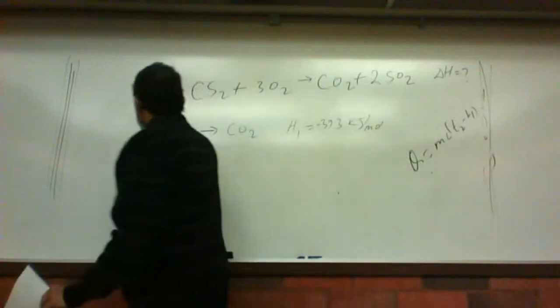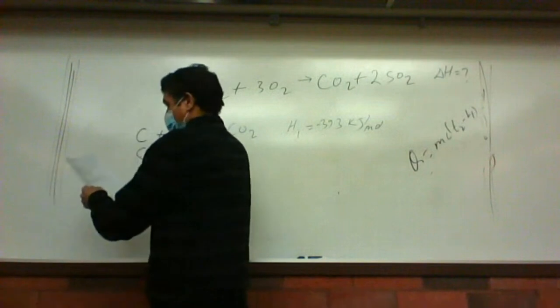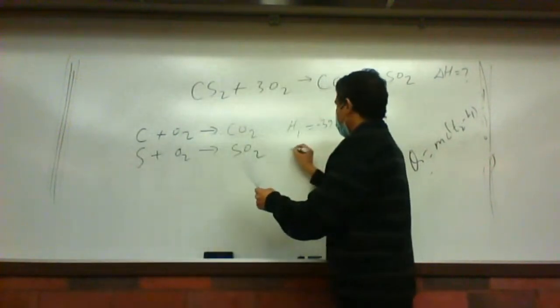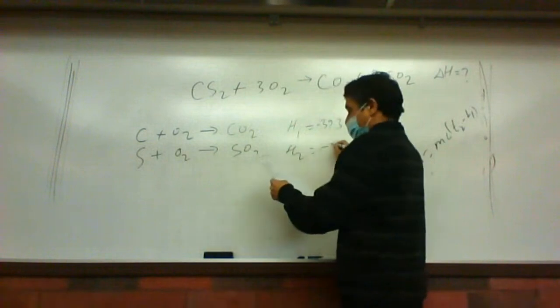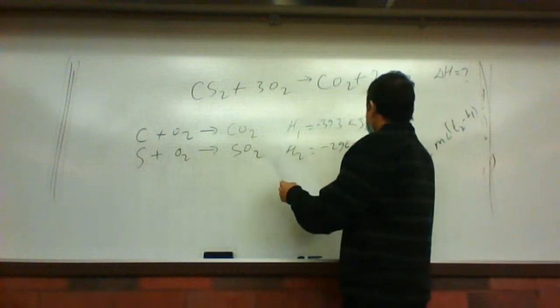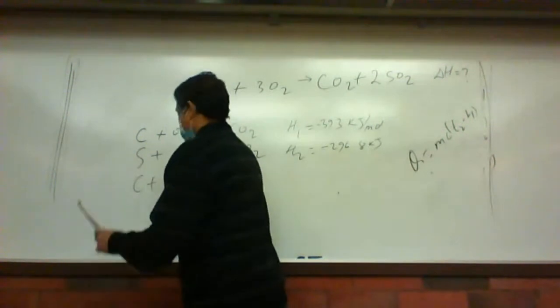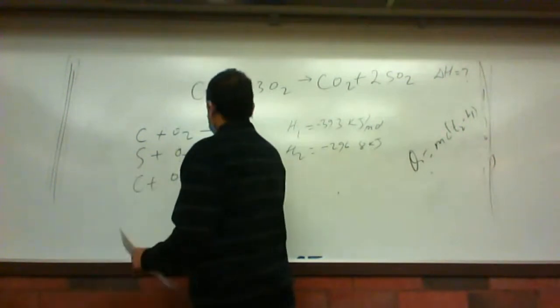And I have here S plus O2 gives SO2, and that S2 would be minus 296.8 kilojoule. Then I have here C plus O2 gives CO2.